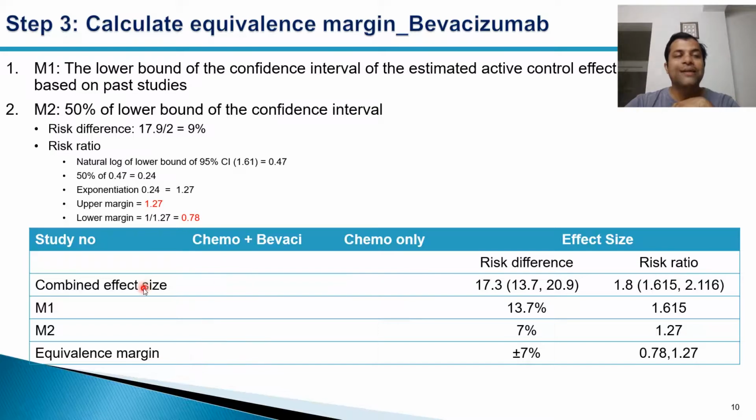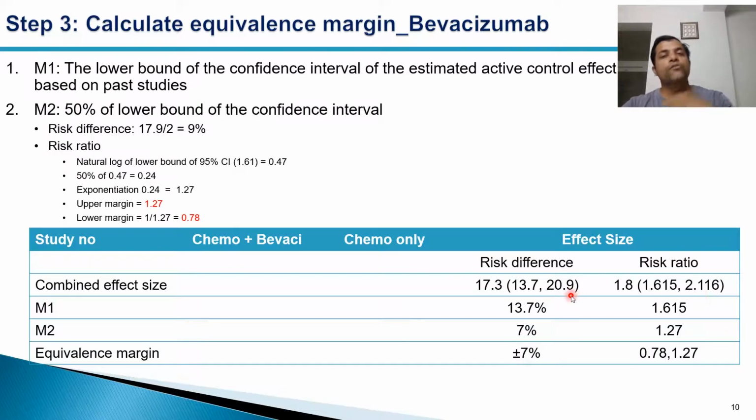Currently I'm just showing the combined effect size of bevacizumab based on some studies. For risk difference, the point estimate is 17.3, lower bound is 13.7 and upper bound is 20.9. For risk ratio, the point estimate is 1.8, lower bound is 1.615, upper bound is 2.116.